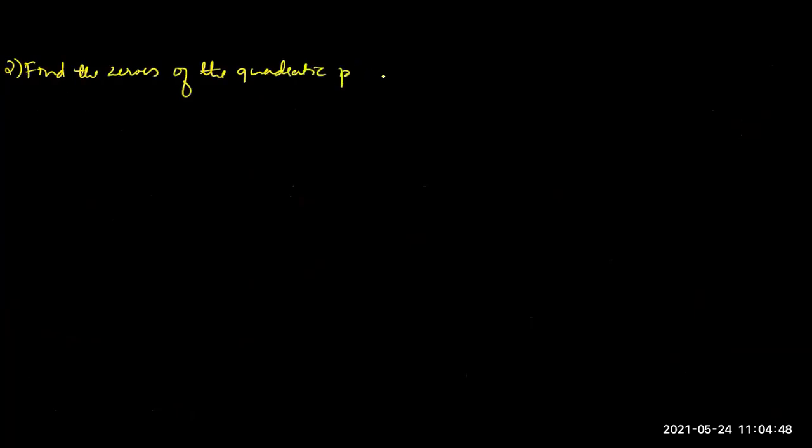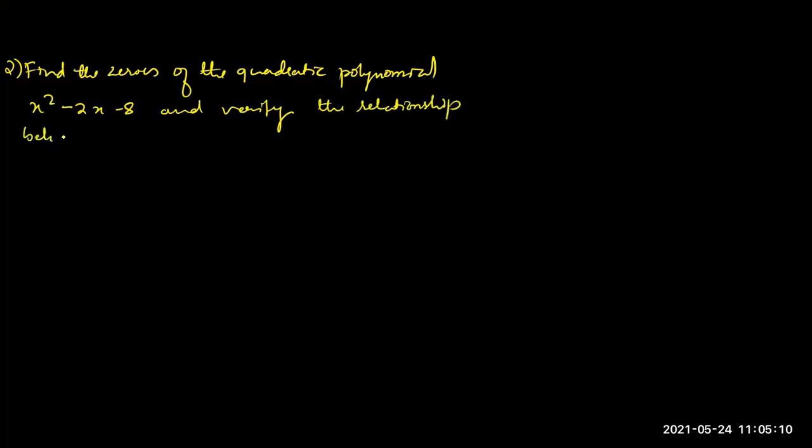So next example we will go. Find the zeros of the quadratic polynomial x square minus 2x minus 8 and verify the relationship between the zeros and its coefficients.